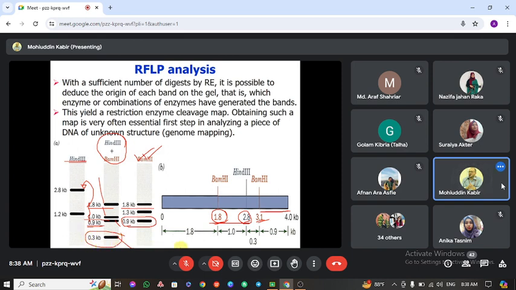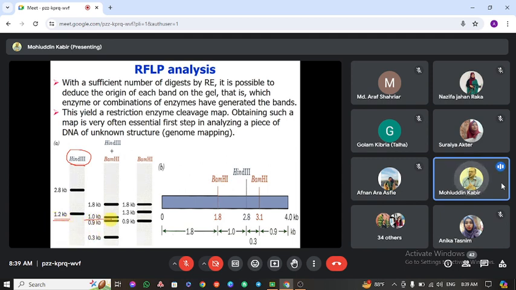And when we digested with BamHI, we got 3 bands. And when we digested with HindIII, we got 2 bands. Second band length was 1.2.